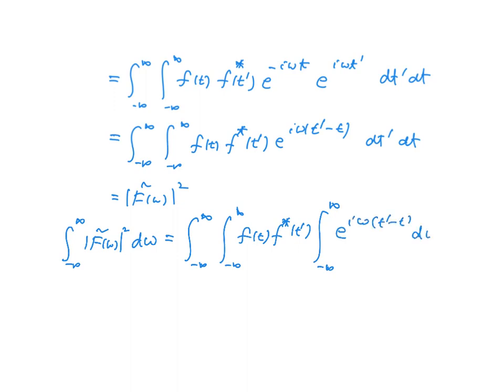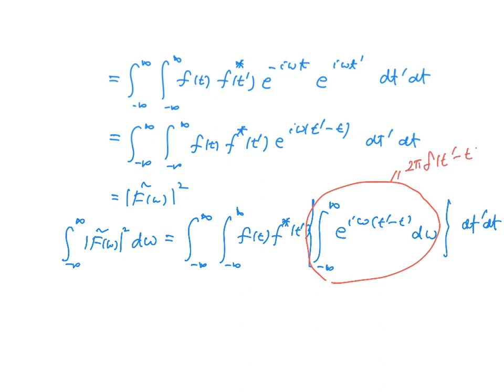We studied this integration before, right? What happens if I integrate from minus infinity to infinity of exponential i omega (t prime minus t) over d omega? Nothing but the delta function, right? So this is actually 2 pi delta (t prime minus t).